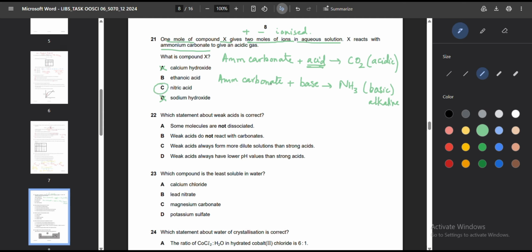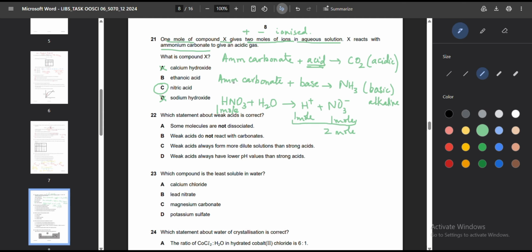The correct option is nitric acid, because nitric acid in water ionizes completely into hydrogen ions and nitrate ions. That means if you have 1 mole of nitric acid, it will give you 2 moles of ions, 1 mole of hydrogen ion and 1 mole of nitrate ion. So a total of 2 moles of product will be formed.